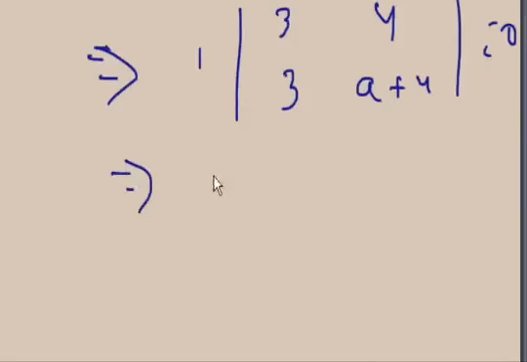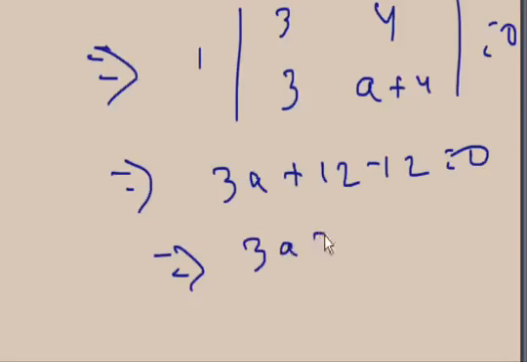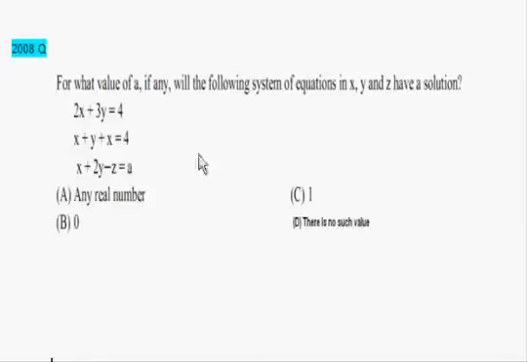This means 3A plus 12 minus 12 is equal to 0. This means 3A is equal to 0, so A is equal to 0. So A should be 0, then only you will get a solution. So A should be equal to 0. So B is the correct answer.